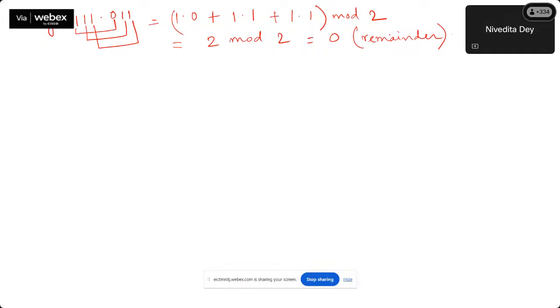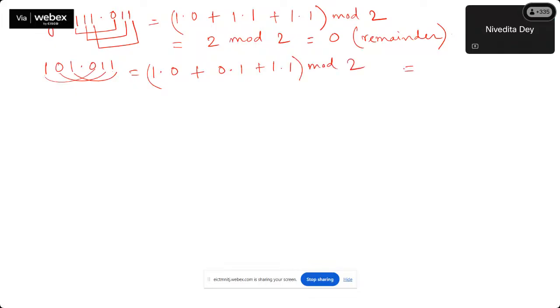Okay, so in that case, now let me take just one more, say 101. What I want to tell, let me tell you. So it's 1 into 0, 0 into 1, and 1 into 1. Let me take this mod 2.